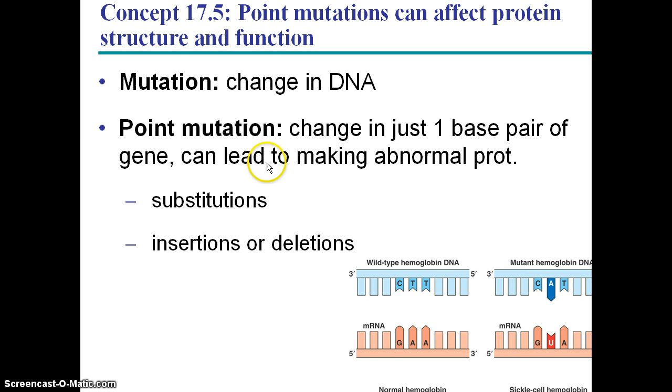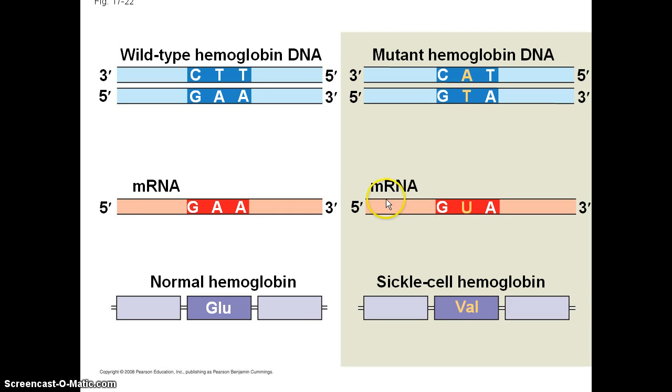There are two basic types of point mutations: substitutions, where one base replaces another, and insertions or deletions, where one base is deleted or added to the DNA molecule. So again, to summarize, a point mutation is a change in a single base pair, whether you add, delete, or substitute.